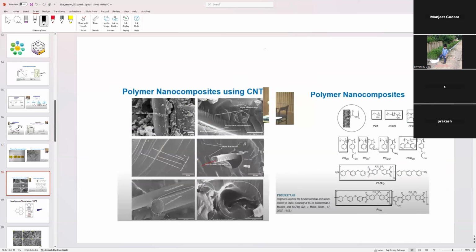You can have the matrix and nanotube doping. So you have the matrix and there are carbon nanotubes inside, randomly placed. It can be directional or randomly placed.